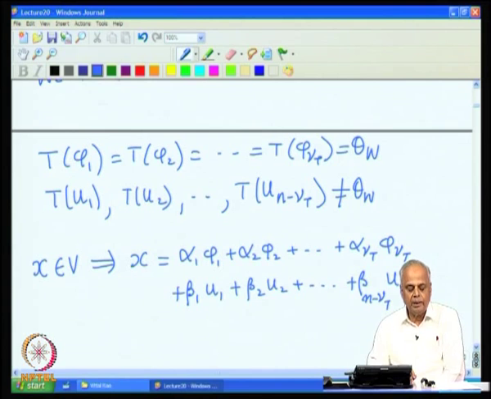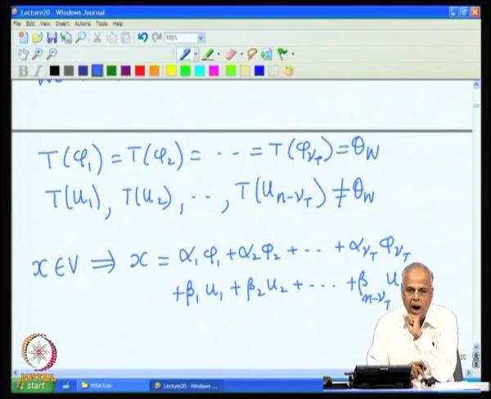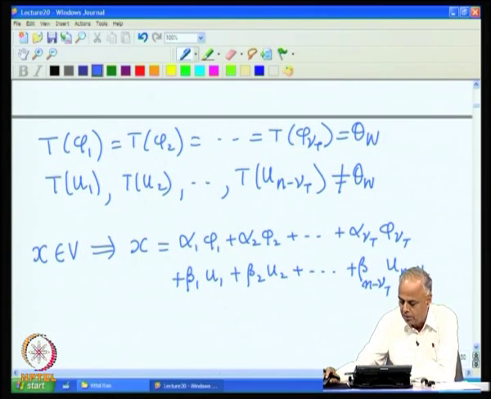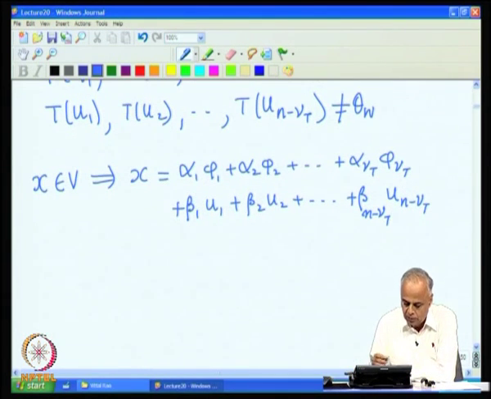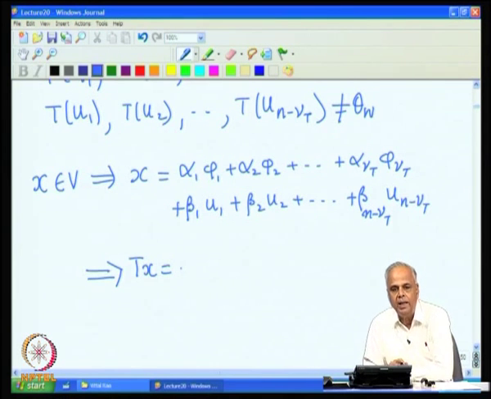So, any vector x in V can be written as a linear combination of the vectors in the chosen basis B V, which consists of the phi vectors and the u vectors. That says T x must be T of the right hand side.